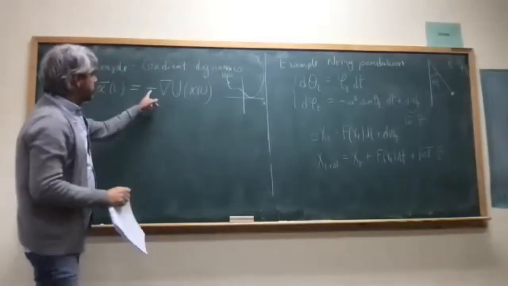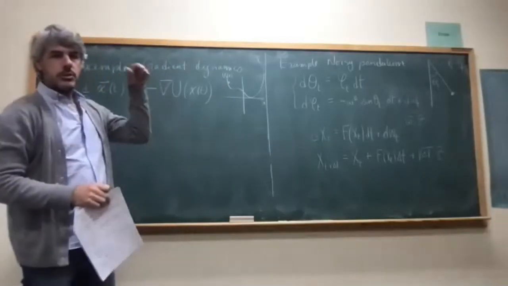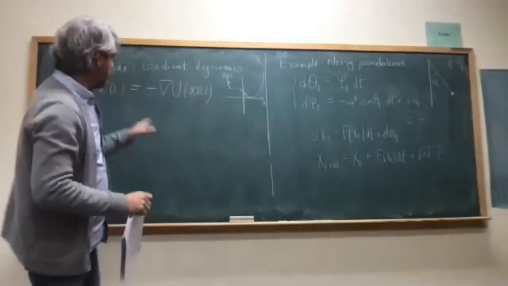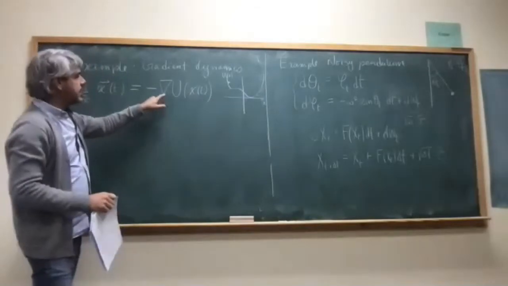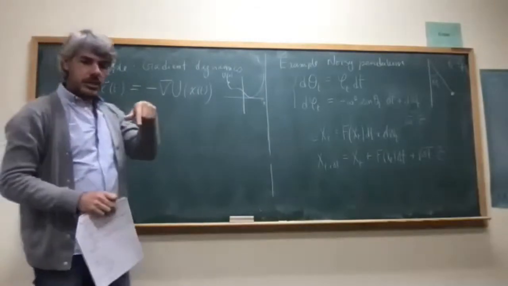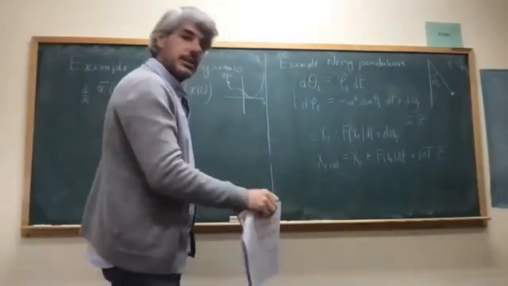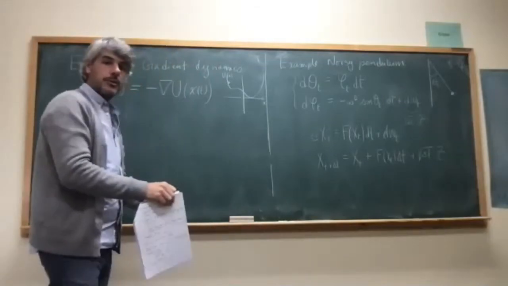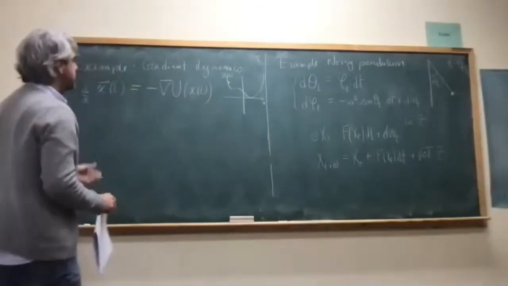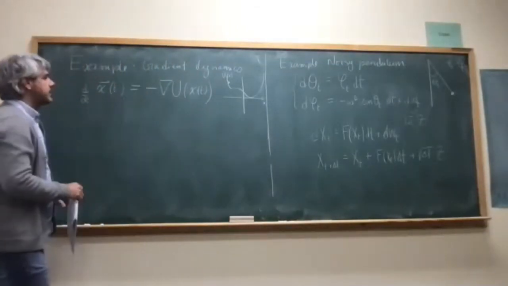And because of the minus sign, it goes down. So it's always going down the derivative, or in a higher dimensional space, it goes down the gradient. So this is like going down in a mountain, following the steepest direction of a mountain. Okay, so this is steepest descent. This is a gradient dynamics.